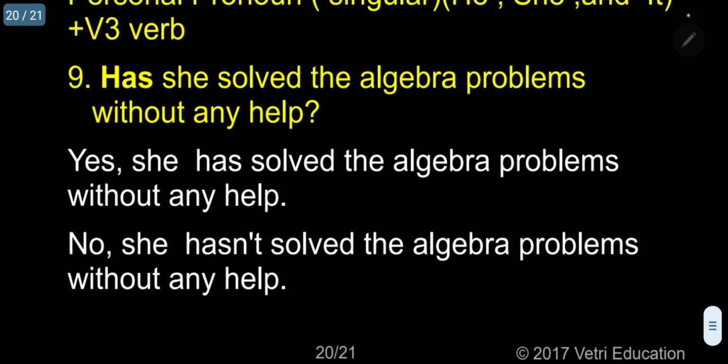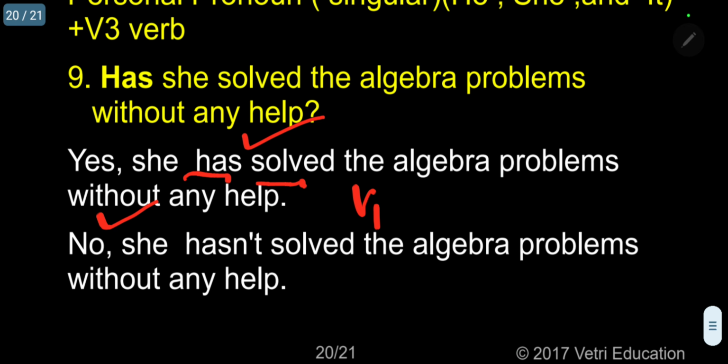That is the way. Answer, yes. She has solved the algebra problems without any help. No, she hasn't solved the algebra problems without help. So, has is the auxiliary verb, solve is the V1 verb.